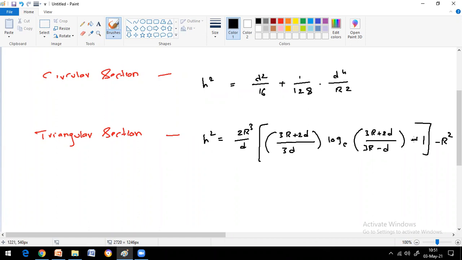Okay, minus 1. So this is the formula for a triangular section. Don't worry, deriving these formulas would be very tedious. You can just write these formulas, which will be useful for attempting competitive exams. You have to know the parameters, that's it.